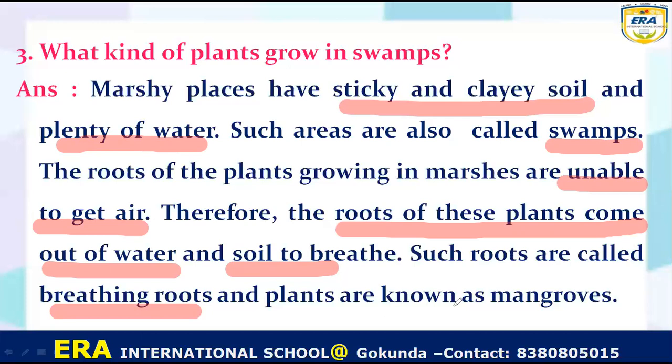So we can simply understand that only mangrove can grow in the swamp area because they have the ability to bring their roots outside the water and the soil, and they can breathe outside, and that is very beneficial to grow them. So which plant grows especially in that marshy area? That is mangroves. So remember the characteristic of this plant.